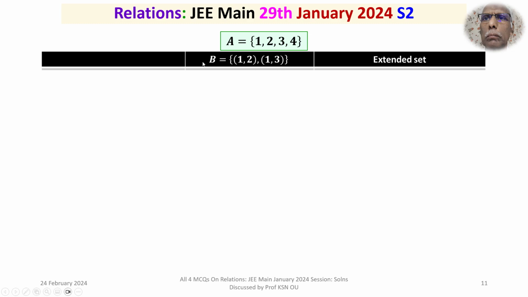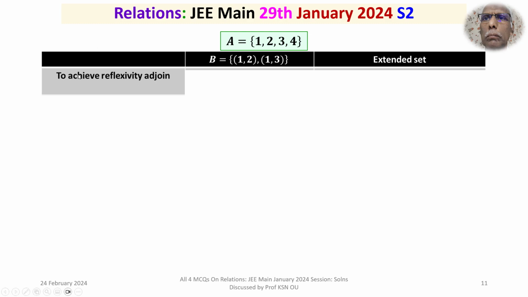And this set is to be extended to an equivalence relation by including the minimum number of ordered pairs. So first of all, our goal is to extend this set to an equivalence relation. The equivalence relation should have all the 3 properties: reflexivity, transitivity and symmetry.